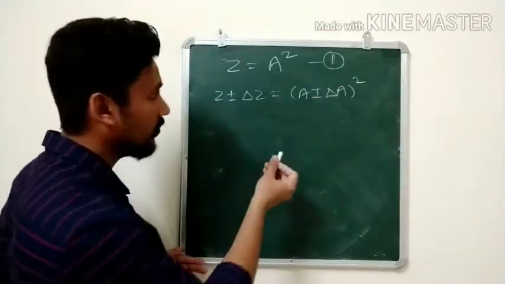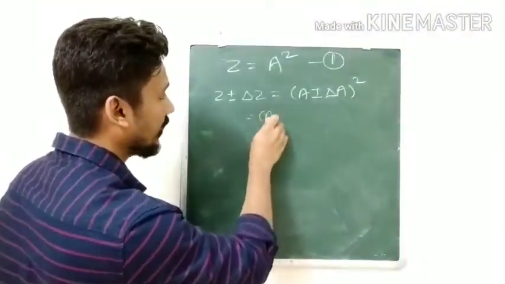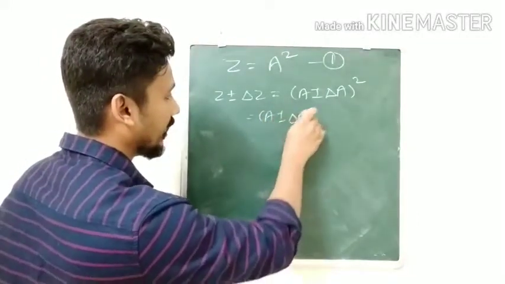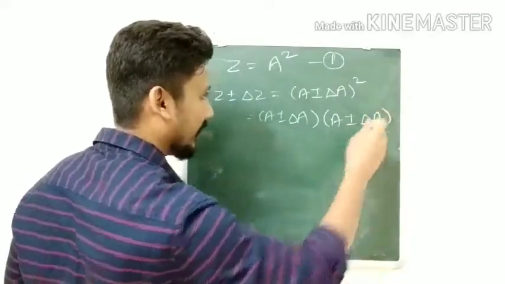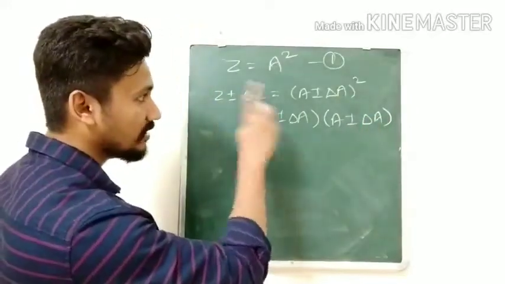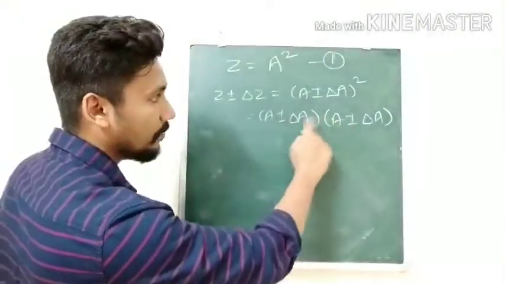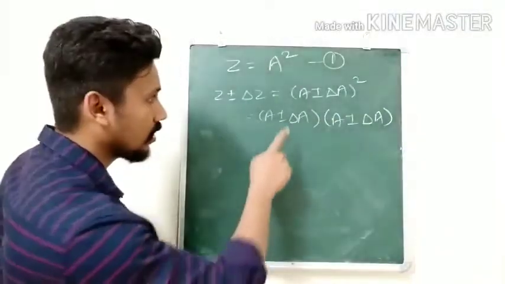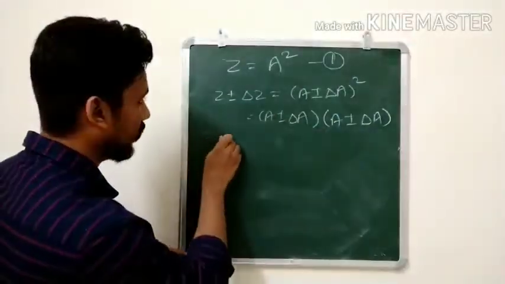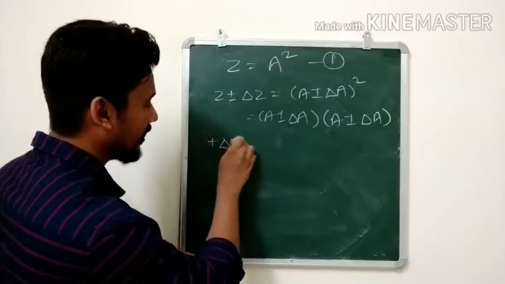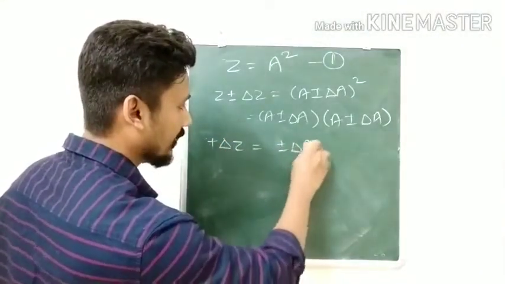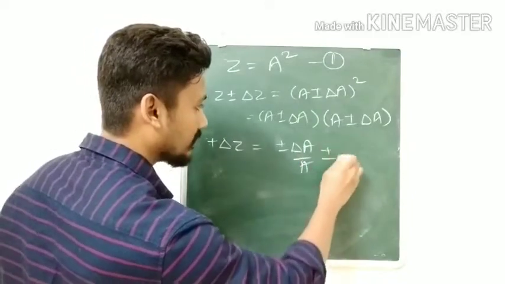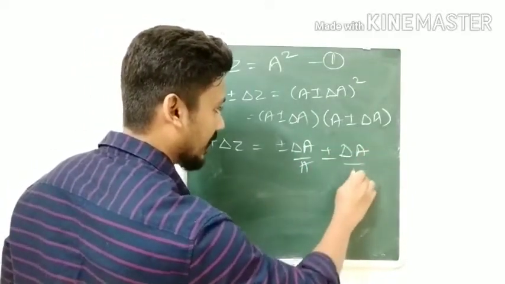Since it is a square, we can also write this as A plus or minus delta A multiplied by A plus or minus delta A. Correct? So this will remind you of the previous case when it was multiplication of two quantities. So we can write therefore plus or minus delta Z by Z equal to plus or minus delta A by A plus or minus delta A by A.